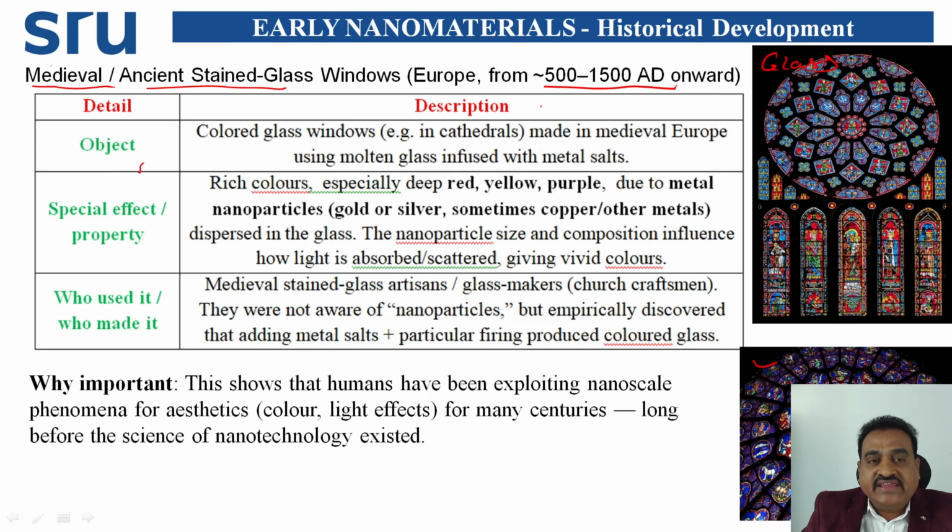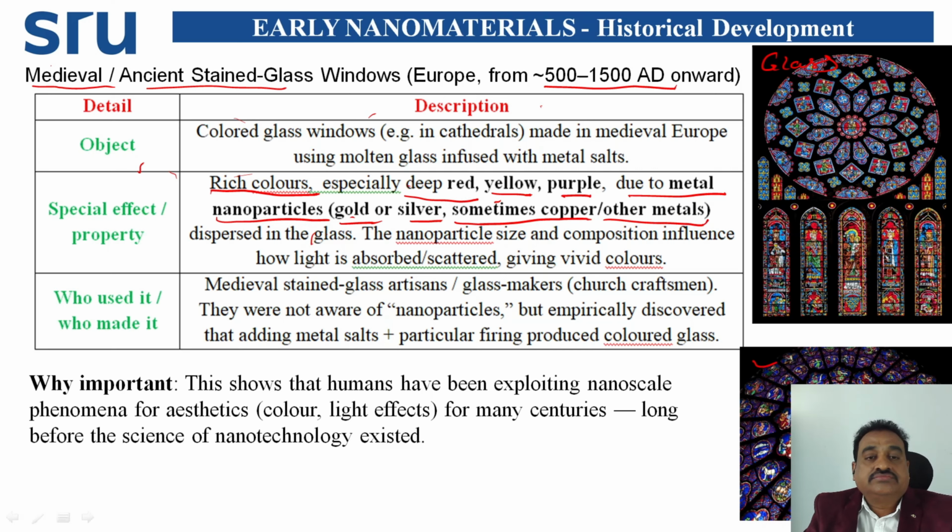So this property, we try to understand the specific effect and property. It gives the beautiful and richest colors, especially deep red. It gives the yellow color and purple color due to metal nanoparticles. They used gold nanoparticles or silver nanoparticles, sometimes copper or other metals also.